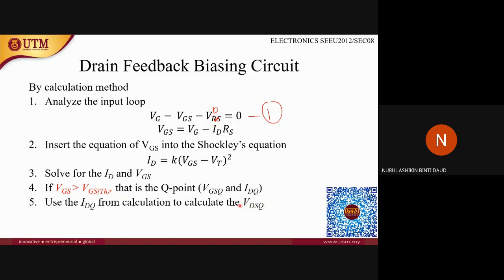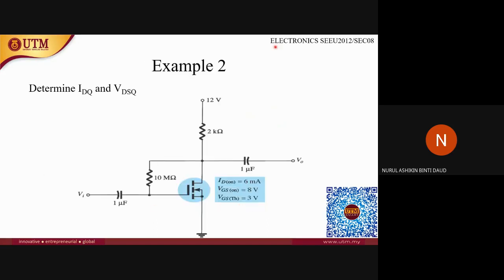Let's look at an example for drain feedback biasing circuits, where you need to determine IDQ, the current at the drain at the Q point, and the voltage at D, which is the voltage at this point.